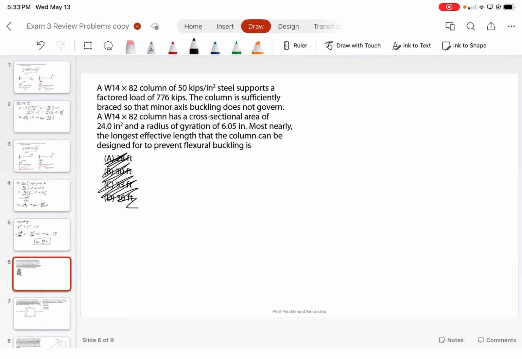You're using sigma. What's the elastic modulus for steel? Should be 29,000. That checks out. Now try it. Divided by 12 now? That's the answer.